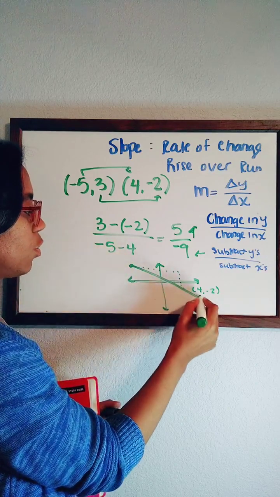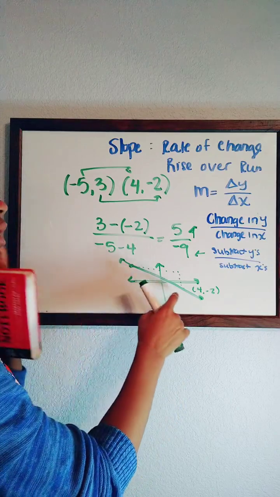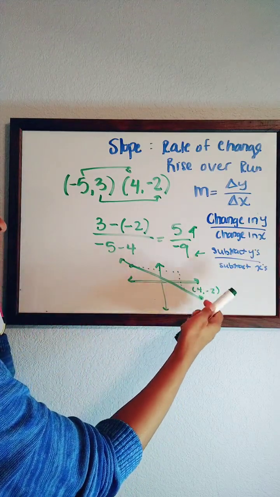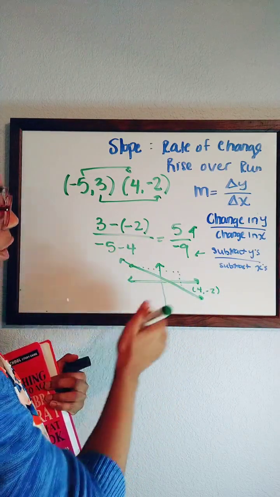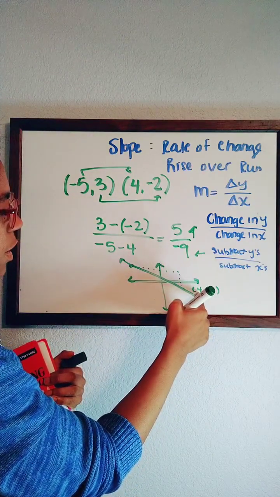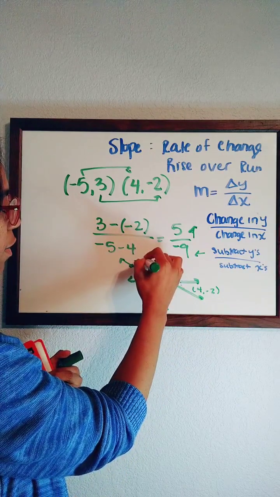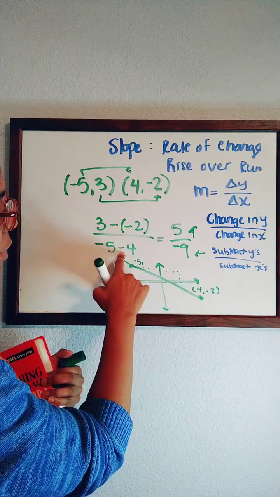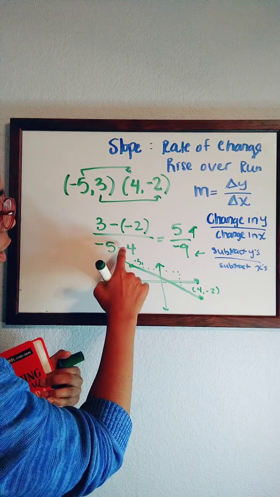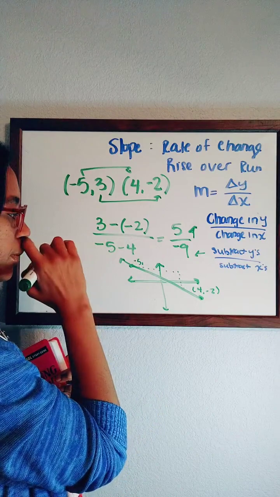I only need 2 points to graph a line. Since I went up 5, this point would be 3, and -9 was at -5. Yeah, -5, 3. I had it right.